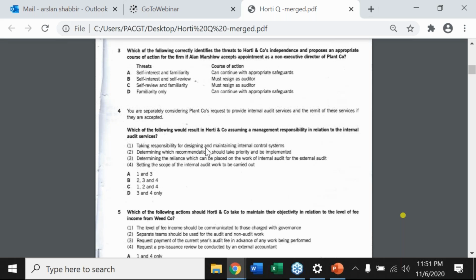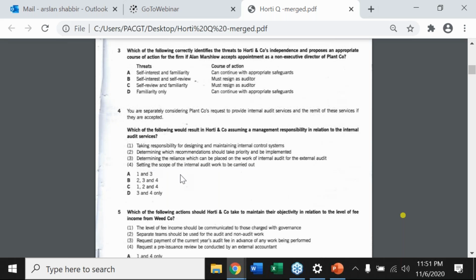Now read the second option: determining which recommendation should take priority and be implemented. As an internal audit function, you need to put in internal controls so that errors and fraud can be prevented and detected. So it is the role of the audit function to give the recommendations.